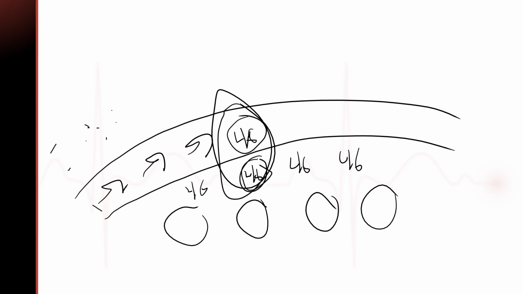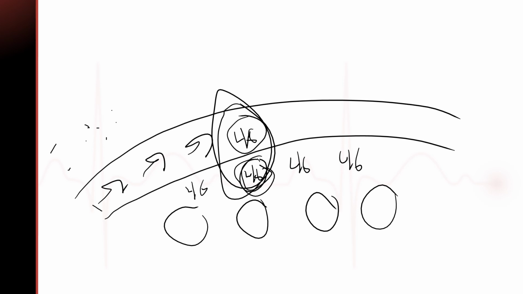Because CO2 is a very non-polar gas. It's a little bit more polar than oxygen, but not very much. So the point is, there's actually not very much CO2 in either one of these fluids right now. There's not very much CO2 in reality that exists within either the blood plasma or the interstitial fluid.